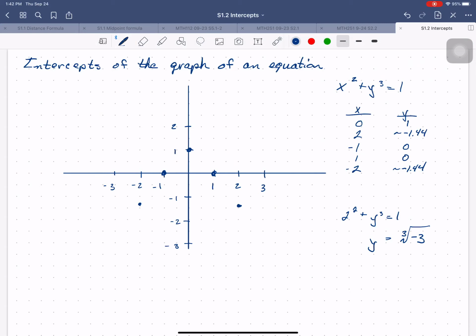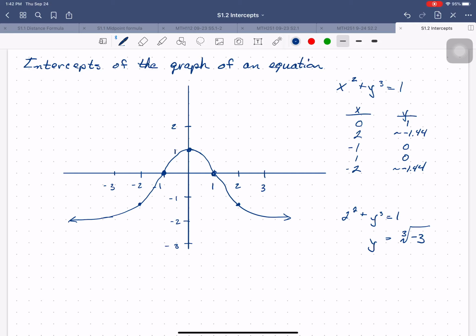The dots are only waypoints on our function. Our function actually looks like this. We could have Desmos do a nicer graph for us, but that's what our function actually looks like: the line connecting, going through those dots and continuing on out.